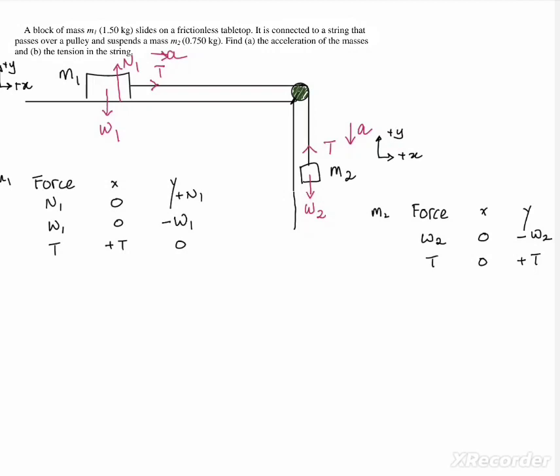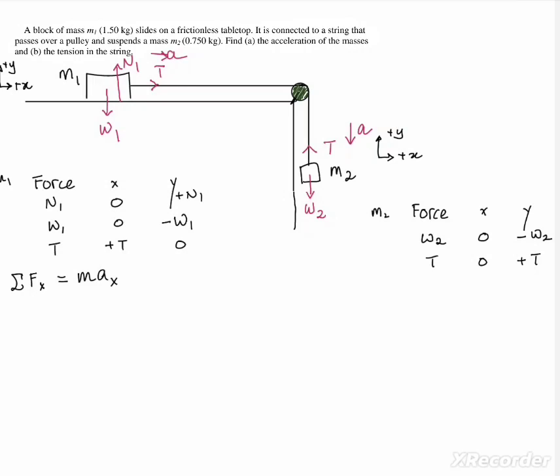So let's look at the M1 chart here, and because M1 is traveling in the positive X direction, we are going to look at F equals ma, our Newton's second law equation, in the X direction.